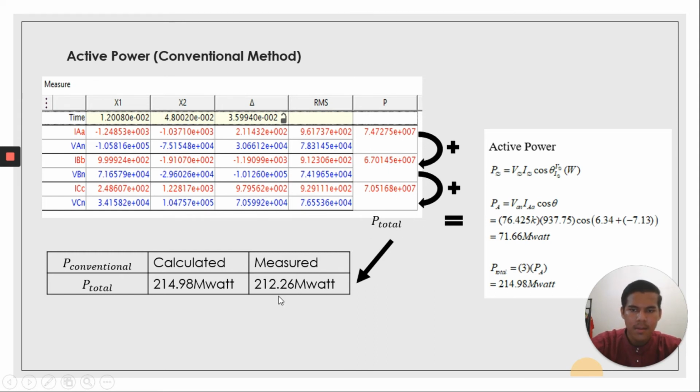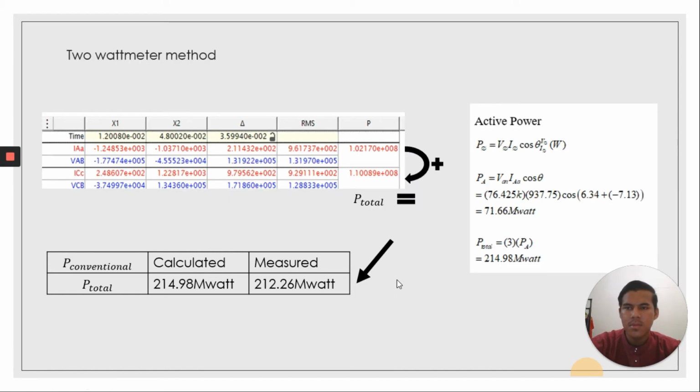To get the measured value, we have to add all the power A, power B, power C. Then we get the P total. As you can see here, the calculated and measured values are slightly different, by -2.